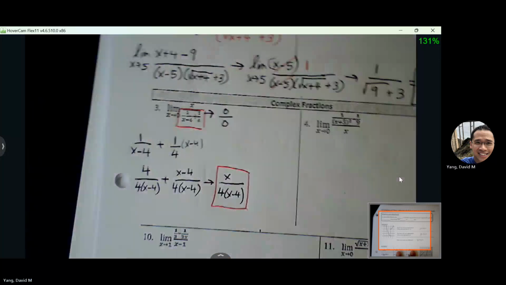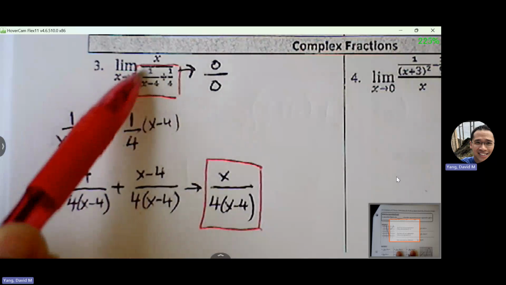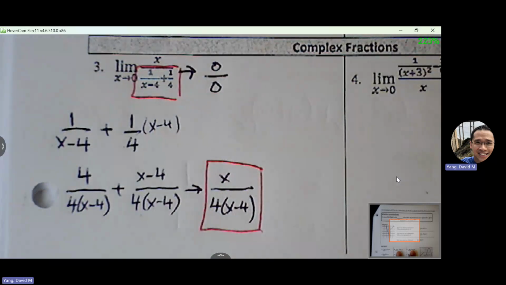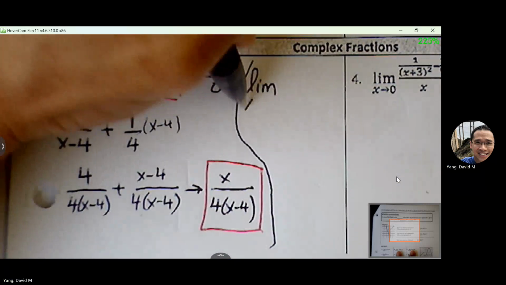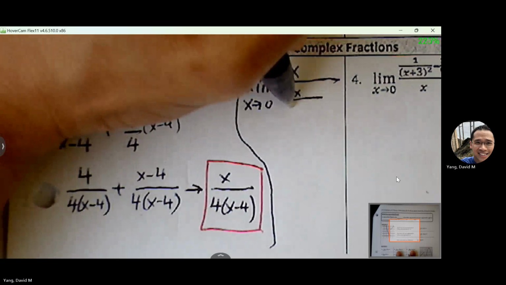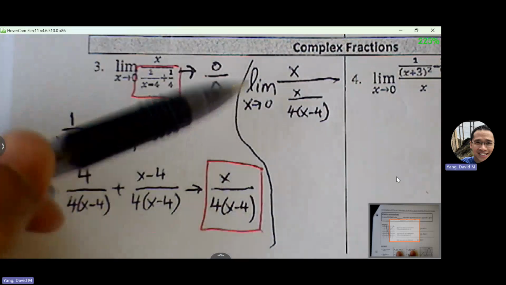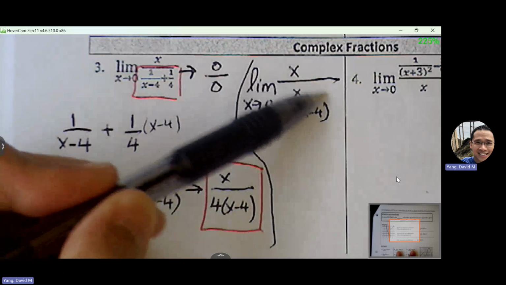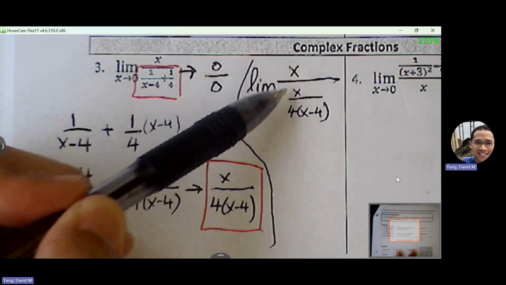Let me zoom in a bit. So now I'm going to take what I have here and replace the two individual fractions there. And let's see where this leads us. I know this doesn't look like we're making much progress. It still looks a little messy. But the nice thing is that now that we have a single fraction here in the denominator, I can just do keep, change, flip.